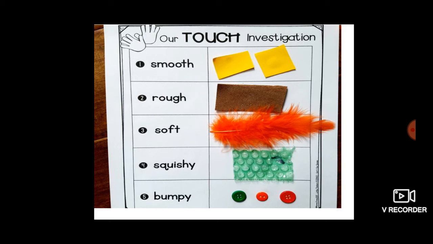And if you have a piece of feathers like this, or if you have a cat at home, you can just put your hand over its back and tell me what you feel. Yeah, it feels soft. It's so soft. Okay?